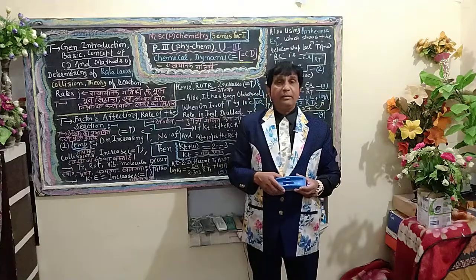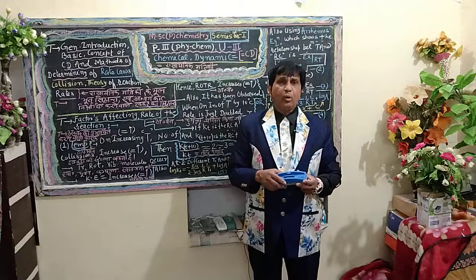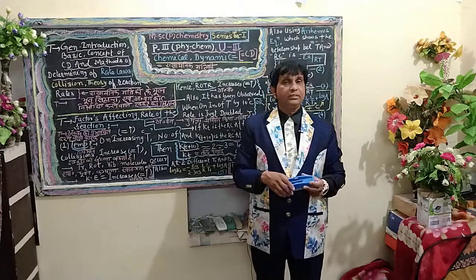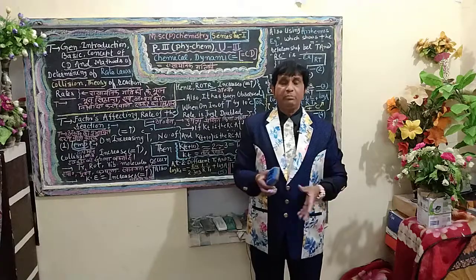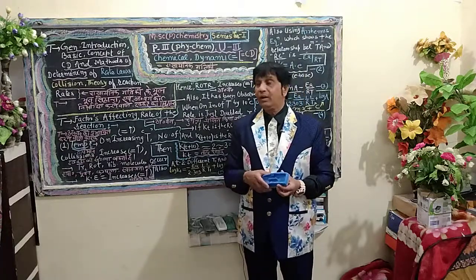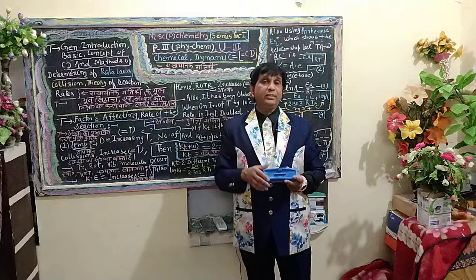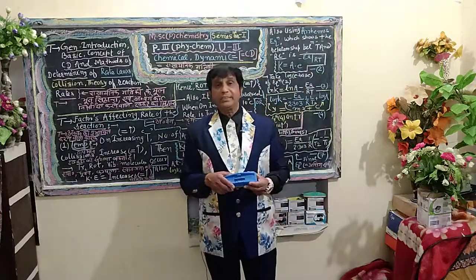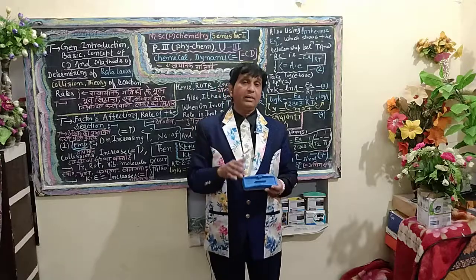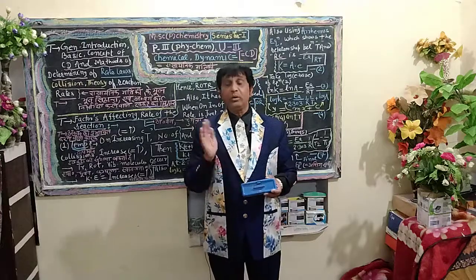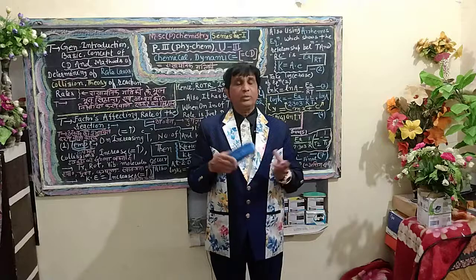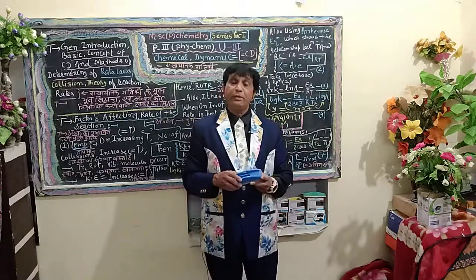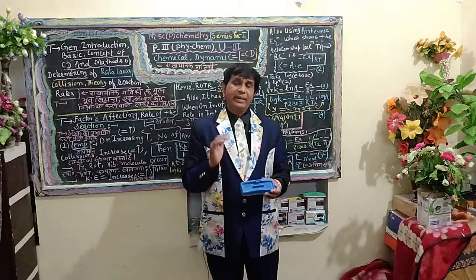May I have your attention please about our previous lecture, in which we defined the basic fundamentals of chemical dynamics. We already defined the velocity of the reaction: in a chemical reaction, the change in concentration of the reactant with respect to time is known as the velocity of the reaction.